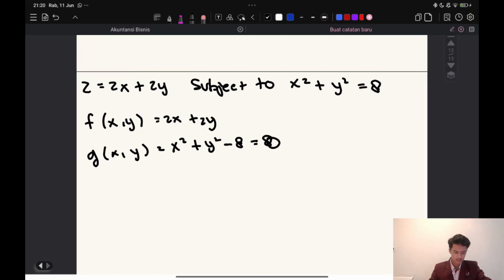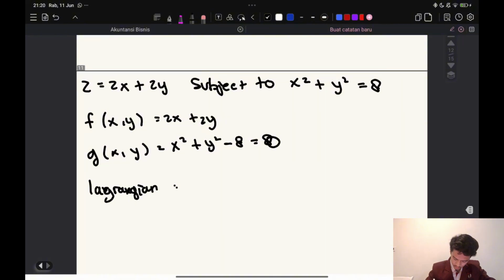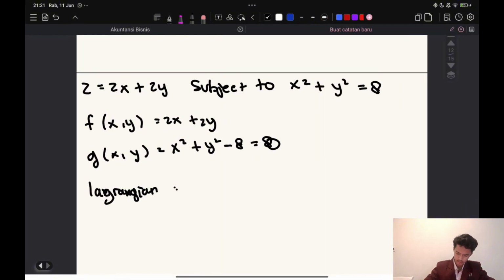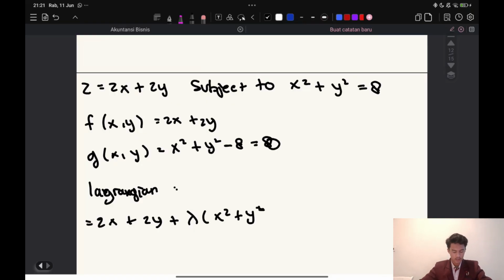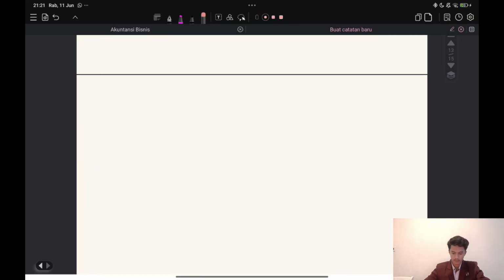And then the Lagrange function is L = 2x + 2y + λ(x^2 + y^2 - 8). Then step 2, we solve the system.